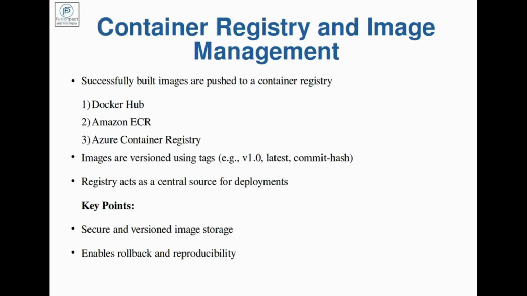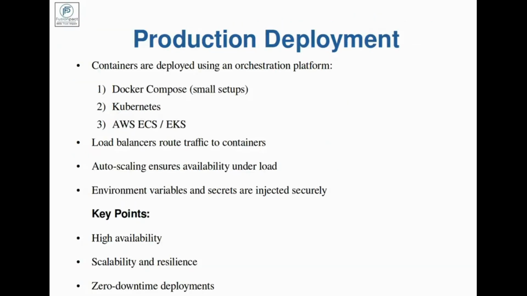We can also tag those images with versions, like this is the first one, this is the updated one, so it will be easy to maintain all those images. These registries act as a central source for deployments. Whenever a server wants to deploy the application, it can pull those images from the container registries and spin up the containers from them.